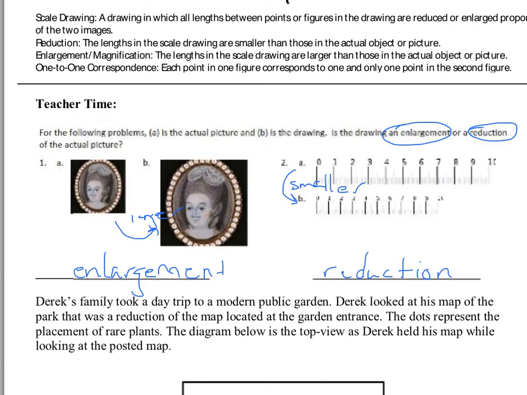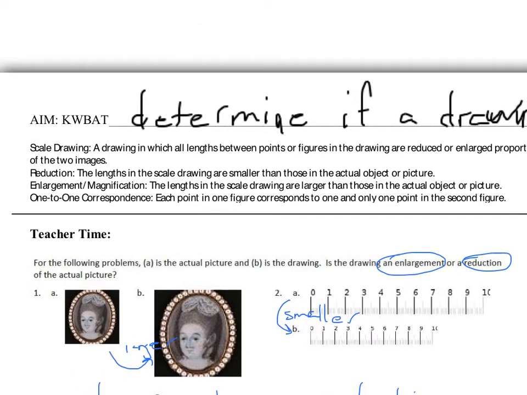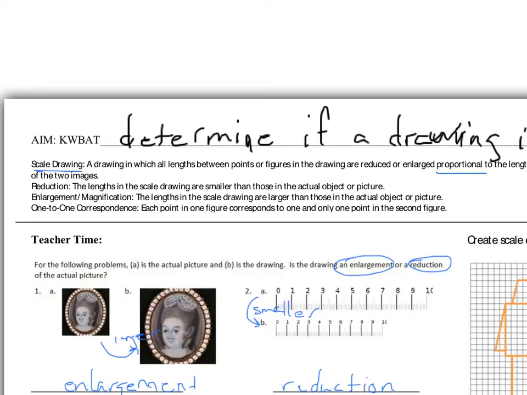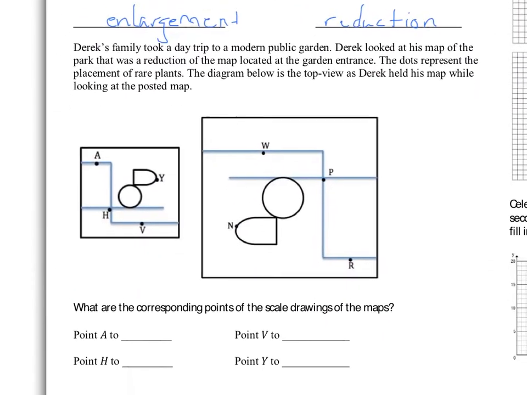Well, if we look back up here, particularly when we're talking about scale drawings, a drawing where all lengths between the figures are reduced or enlarged, so we're going to see that relationship. A scale drawing is either a reduction or enlargement, but most importantly here we see the word proportional. So the lengths and widths of all of the parts of the drawing are in proportion. So we're going to have to explore and see what that means.